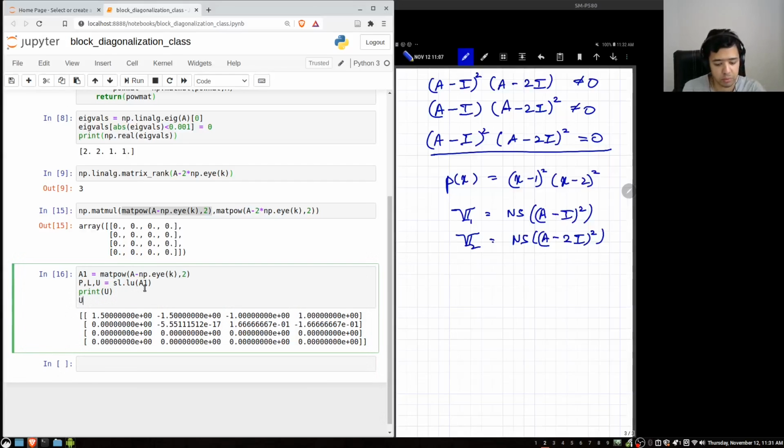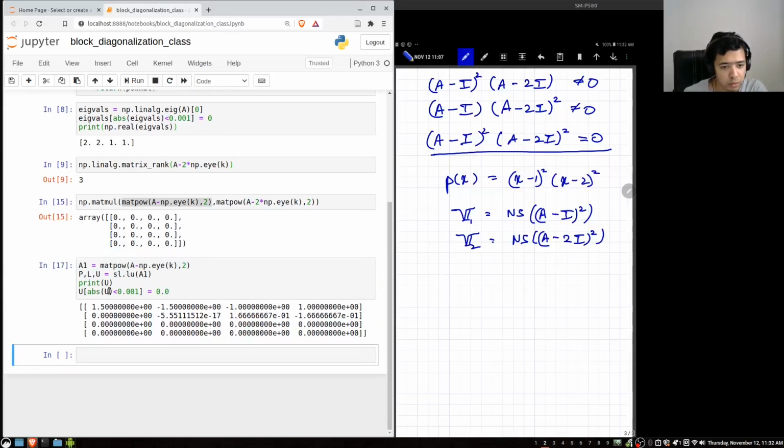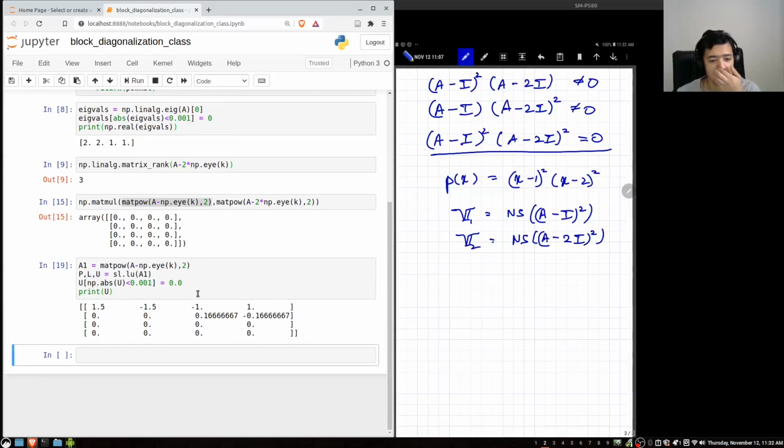So this is our LU decomposition. Now clearly this and this are the pivots, and these are the non-pivot variables, right?